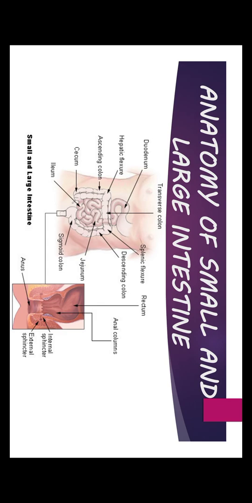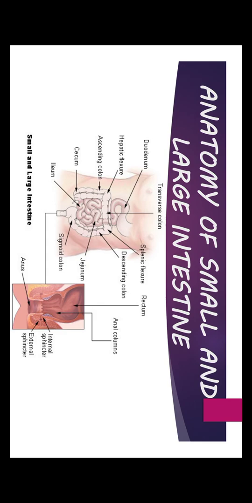Second one is the large intestine. The large intestine is the terminal portion of the gastrointestinal tract which extends from the ileum, that is the first part of the large intestine, to the anus. Large intestine is about 1.5 meter, that is 5 feet long, and 6.5 centimeter in diameter. It is divided into four principal regions.